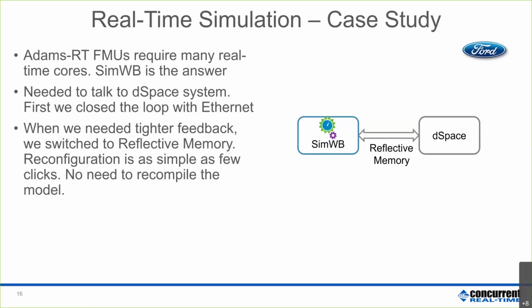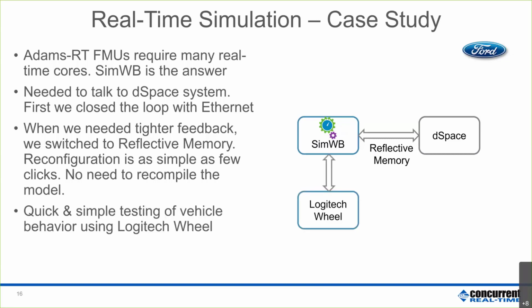So we were able to switch it, and again with a few clicks. You do not have to do any coding. Just unmap your Ethernet mappings, and you map the reflective memory, and you are all set. Now you will be talking to the dSPACE using reflective memory without any coding.